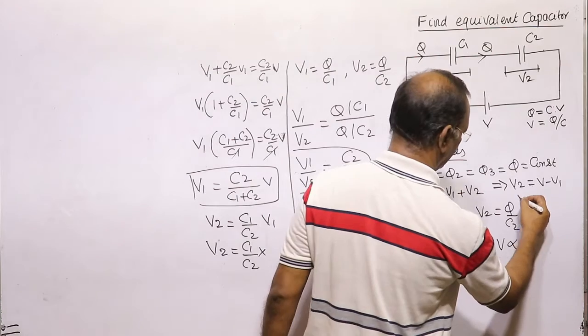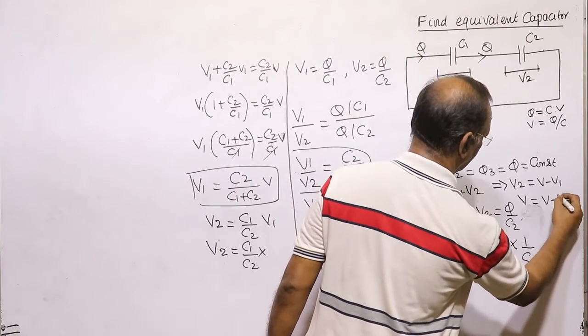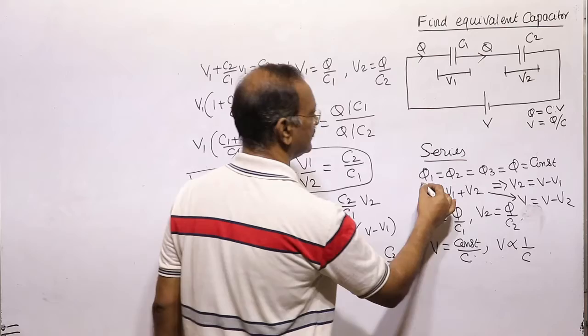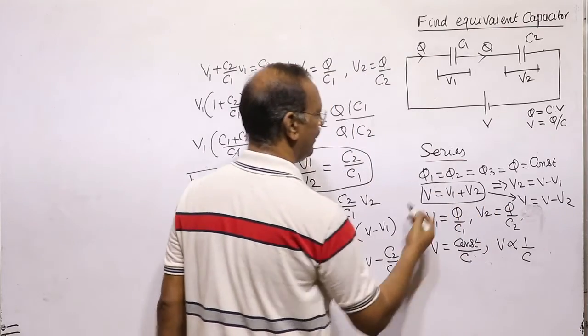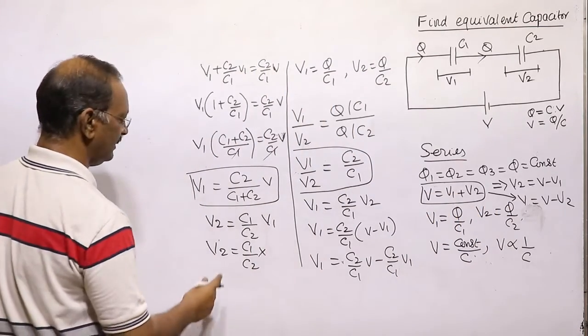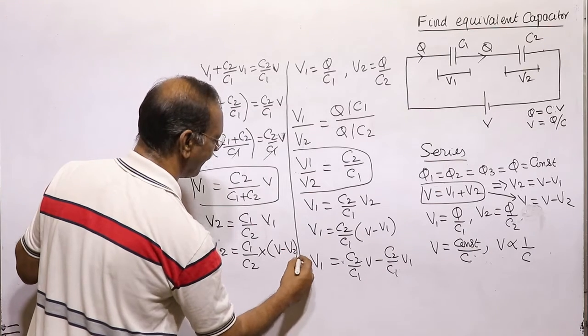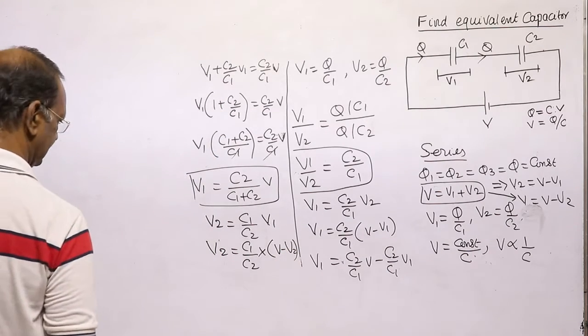From this equation, V1 is equal to V minus V2. So we can write V1 is equal to V minus V2.